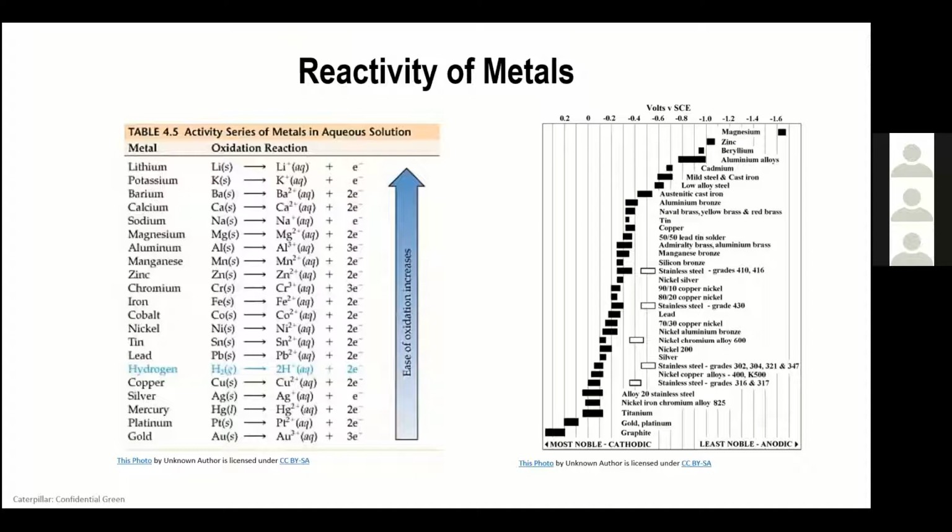When two different metals come in contact with each other, depending on the potential difference and how far apart they are, two metals will actually create a galvanic reaction and accelerated corrosion. So when you design things, you typically want to put the two different types of metals or alloys fairly close together so that the potential is minimized.